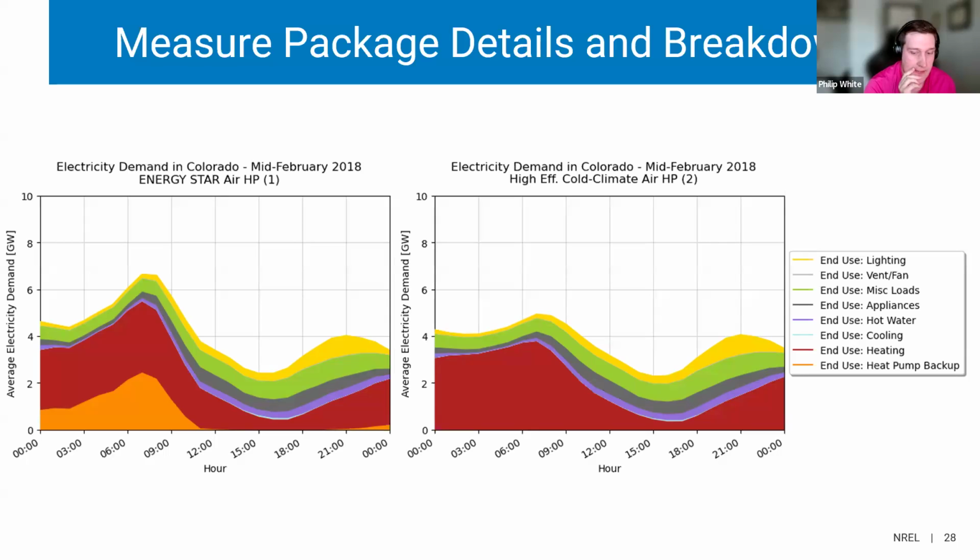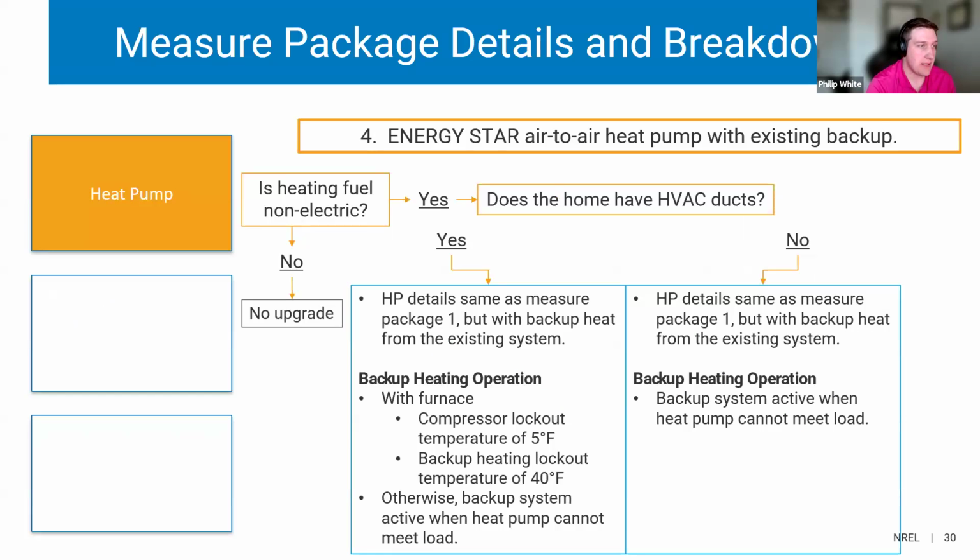Okay, so I don't think that applies in our data set. Where that would apply is with the backup heating of a heat pump, but we only apply to dwellings who have existing fossil fuel. So there's no separate backup that goes off of electricity in this data set, if that's the question.